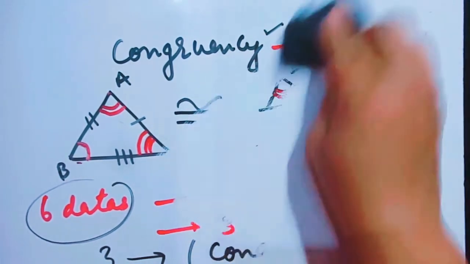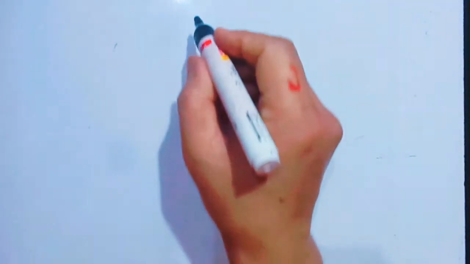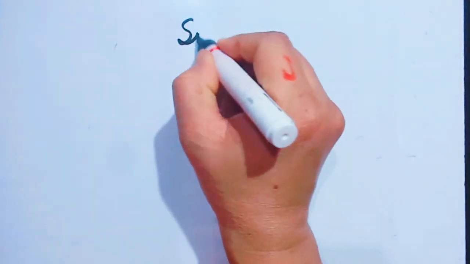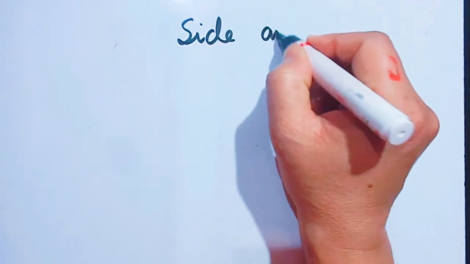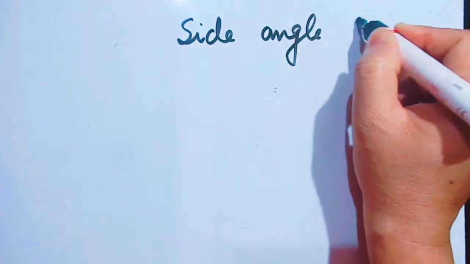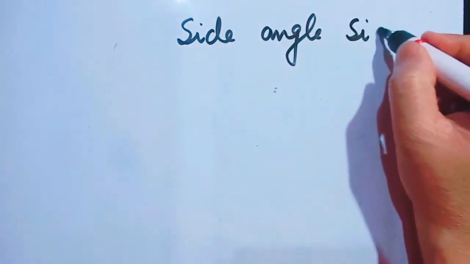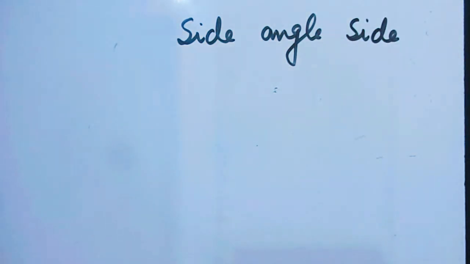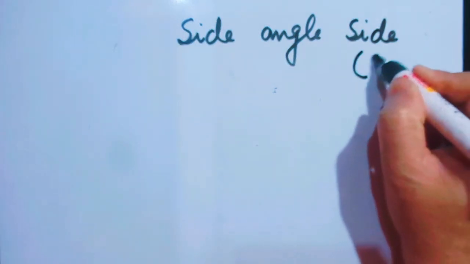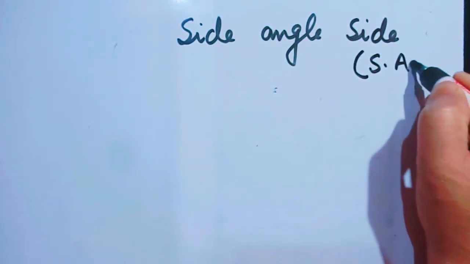So here the first condition is side angle side. Now what does side angle side mean? You can also write it in short form as SAS.